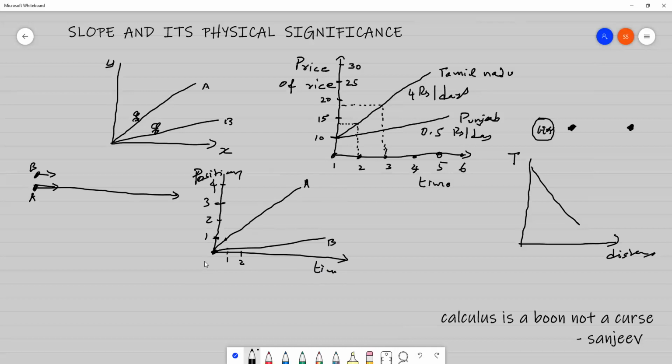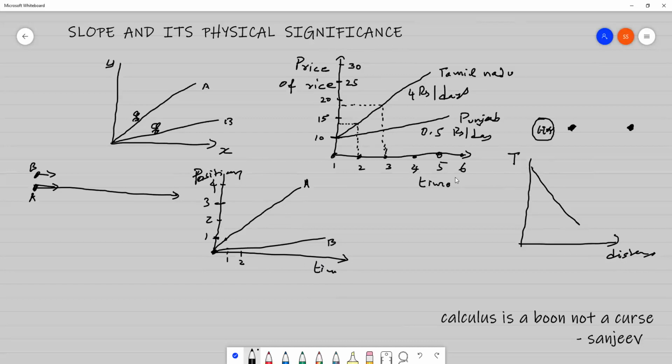Which means A is running faster than B. So this graph represents the rate of change of the position of the runners with respect to time. A covers more distance in the same time in which B covers lesser distance. That means A is running faster than B. So this is the rate of change of position. This is the rate of change of price. This is the rate at which the temperature changes with respect to distance.